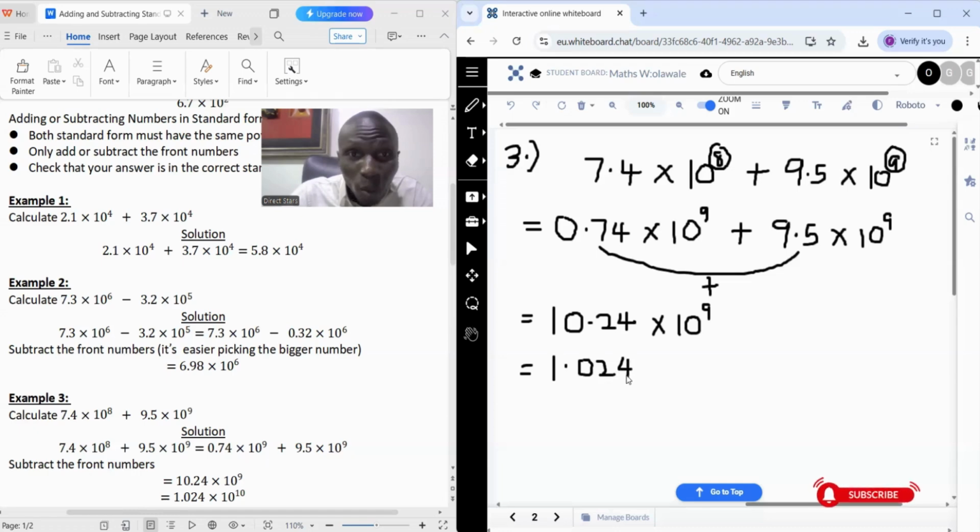And with that, we're going to increase the power by 1, and that's going to give us times 10 raised to the power of 10. Looking at this now, the front number is greater than or equal to 1, but less than 10. So adding 7.4 times 10 raised to the power of 8 plus 9.5 times 10 raised to the power of 9, we're going to have our answer to be 1.024 times 10 raised to the power of 10.